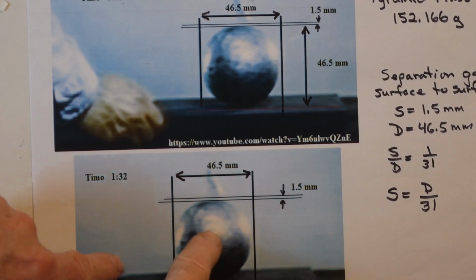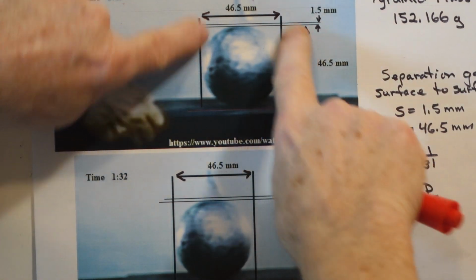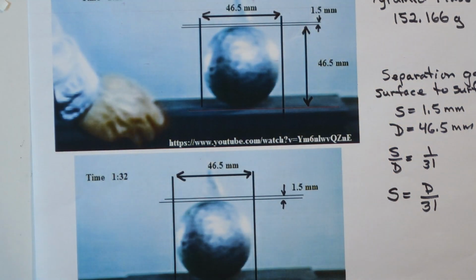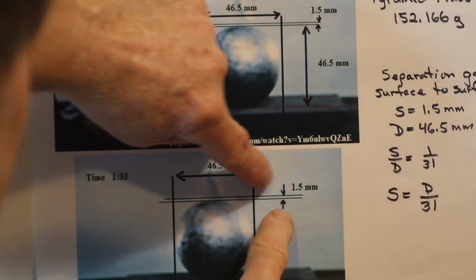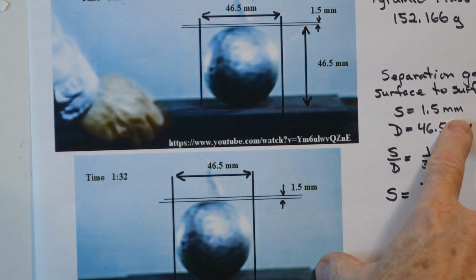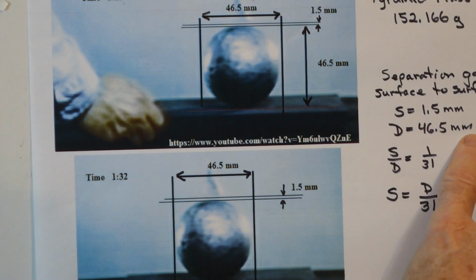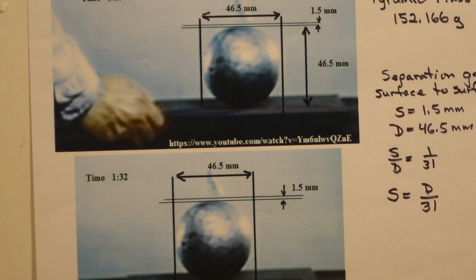In this particular screen grab, the diameter of the sphere is 46.5, and the gap is 1.5 millimeters. I call this dimension the separation S, that's 1.5 millimeters. The diameter of the sphere is 46.5, so S to D is 1 over 31. So the separation distance is D over 31.